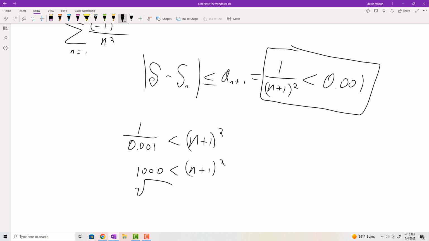Square root both sides. So we need n to be greater than whatever this number is. And if you go to your calculator, it's about 30.62. So that implies I need n equals 31.